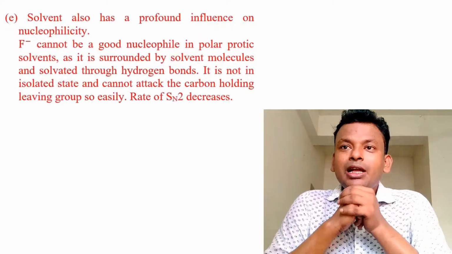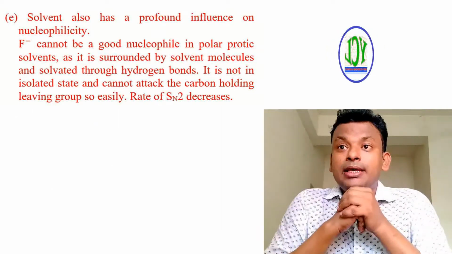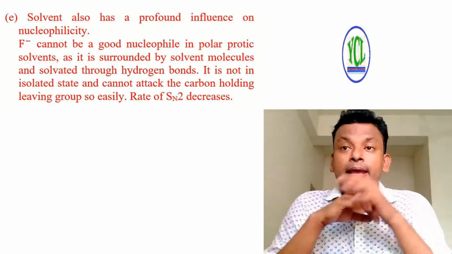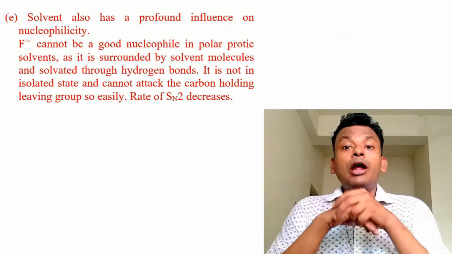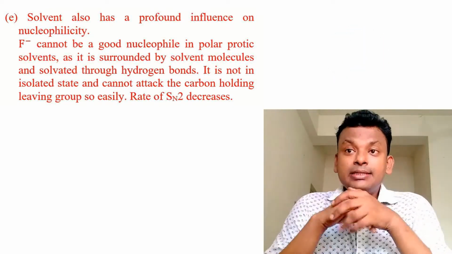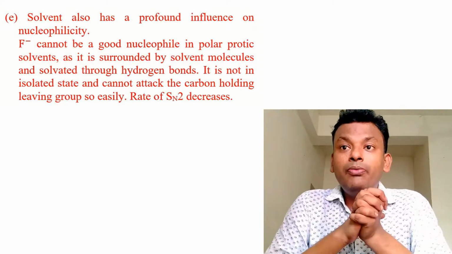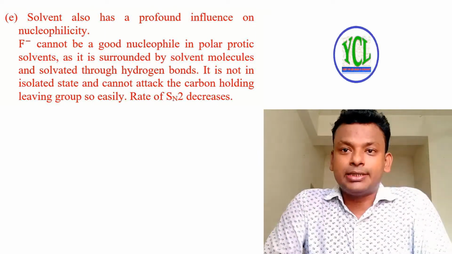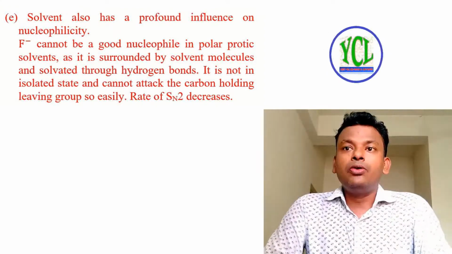And next, fifth point, means E. Solvent also has a profound influence on nucleophilicity. F negative cannot be a good nucleophile in polar protic solvent as it is surrounded by solvent molecules. So it is solvated through hydrogen bonds, and it is not in an isolated state and cannot attack the carbon holding the leaving group easily.